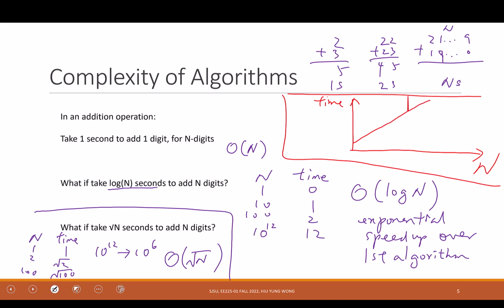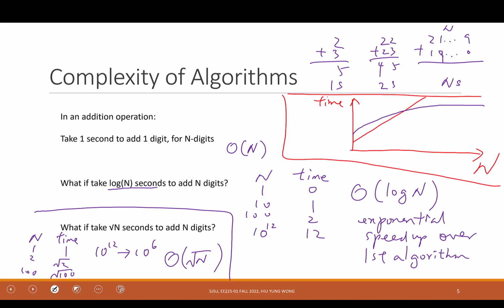You will get something like this. Okay? If it is logarithmic, if it is square root, how will it look like? Be short.